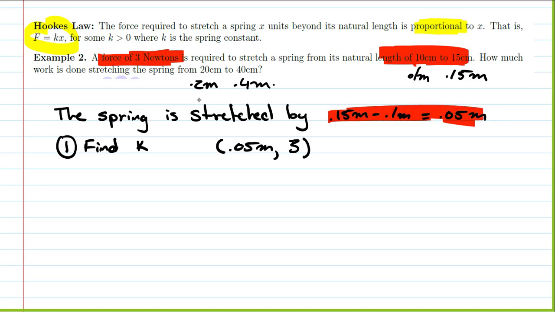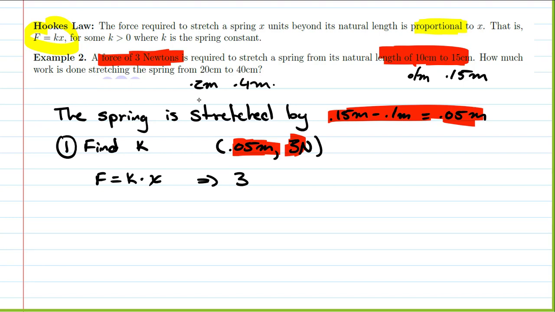So we get 0.05 meters corresponds to a force of 3 newtons. So now we need to solve for k. We put this into our equation.